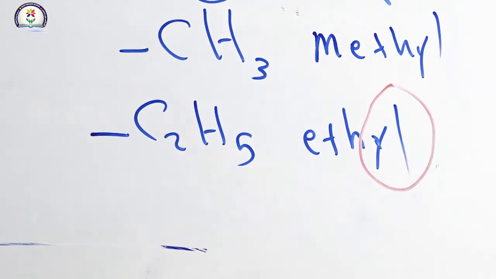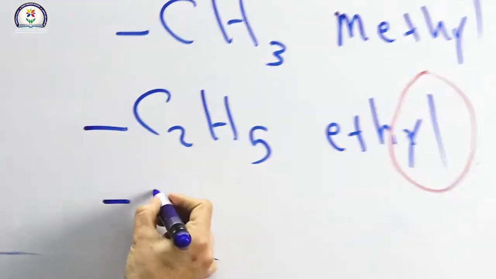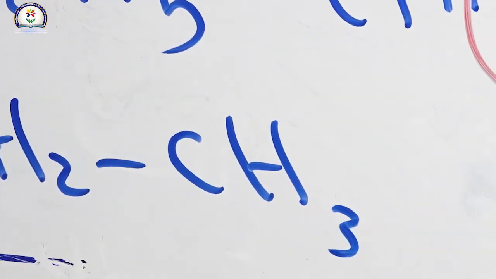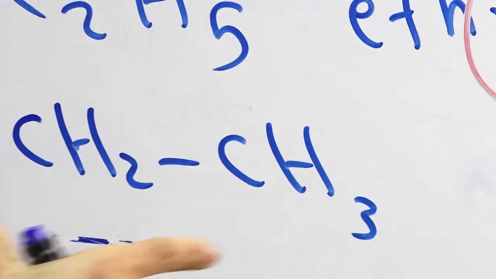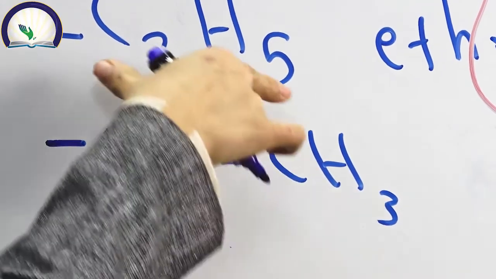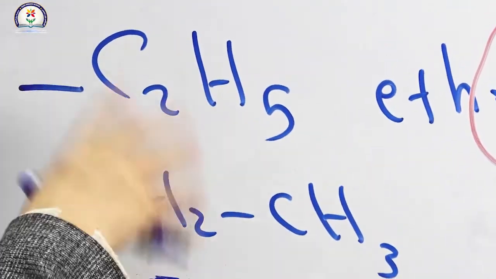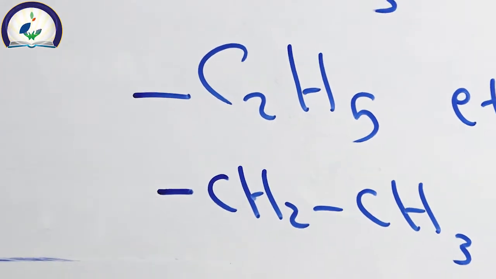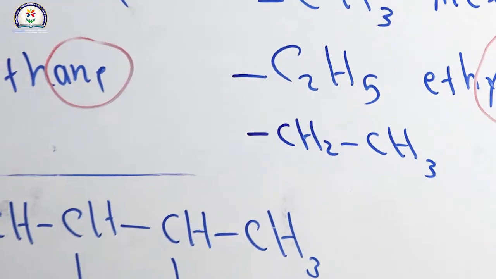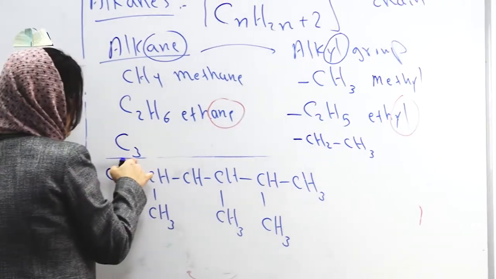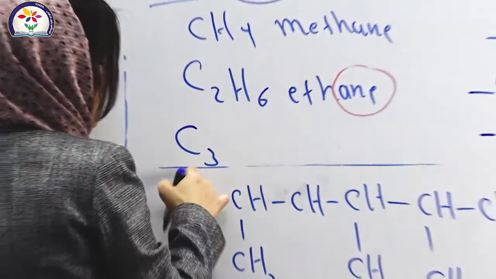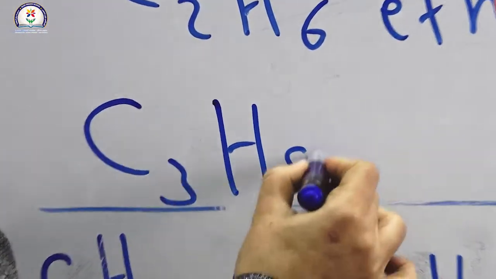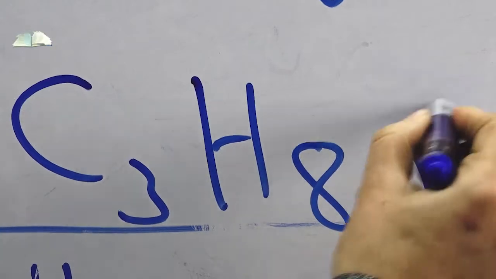We can write this like this: CH2, CH3, CH2, CH3. Ethyl, right? Like this or this, the same thing. Also we have propane. Propane has 3 carbon atoms and 8 hydrogen atoms.